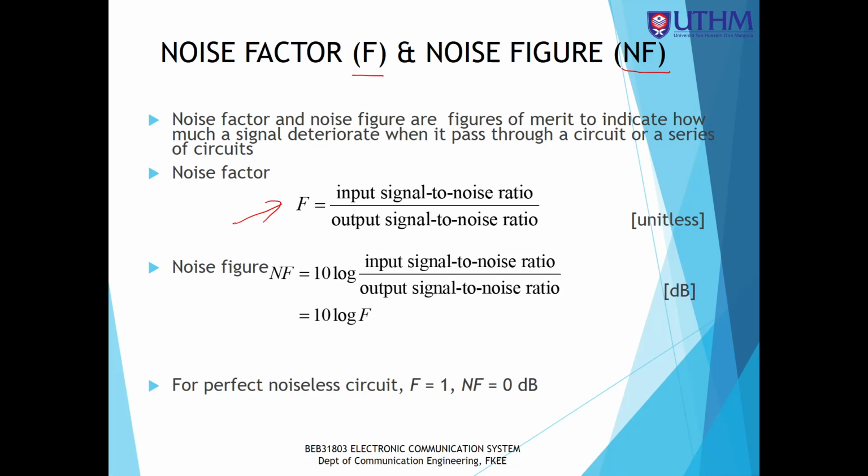How is this, like what I drew earlier? If you have a system, there will be an input and also an output. For the input you have an input signal and you are going to get input noise. Similarly at the output, there will be an output signal and also output noise. Si over Ni, this is what we call the input SNR.